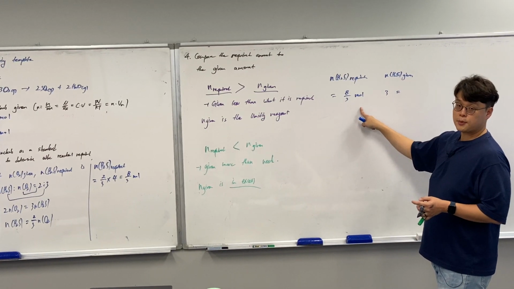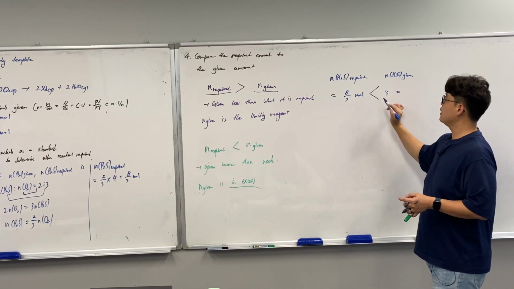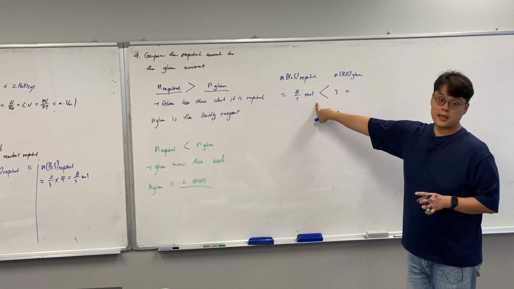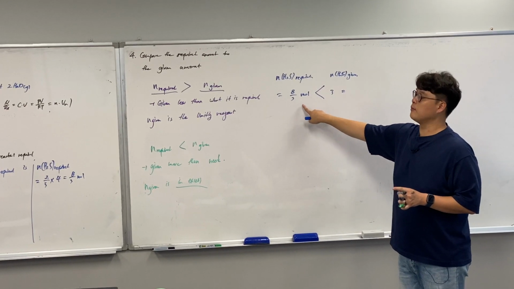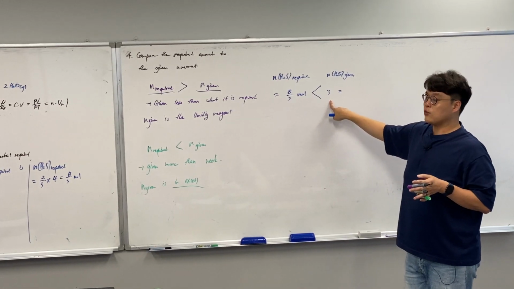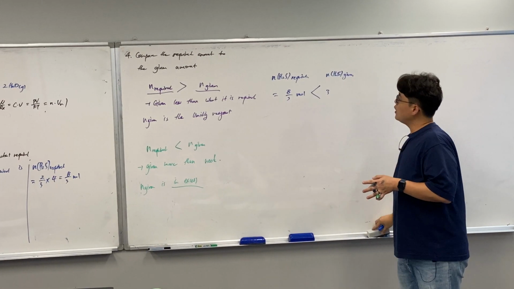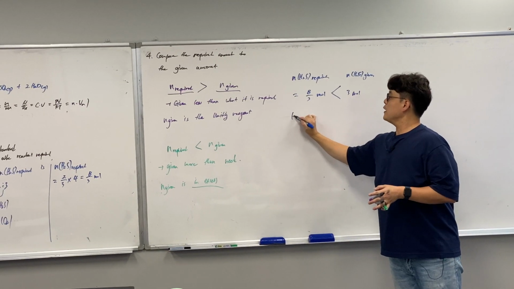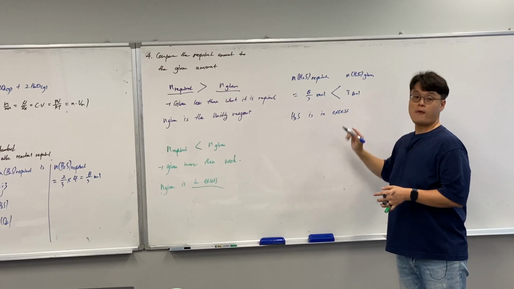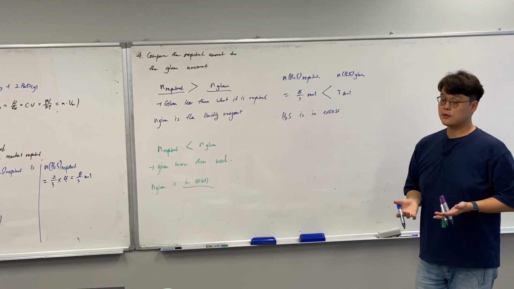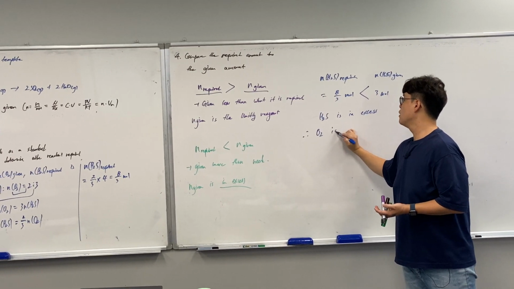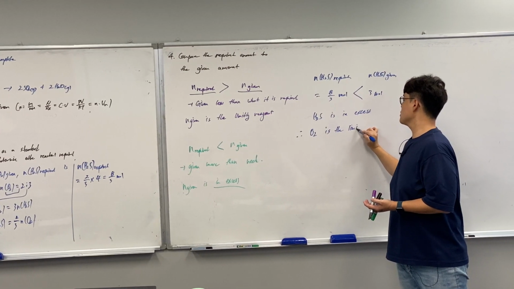Comparing these two, which is bigger and which is smaller? In this case, you have less than what you need, so you're given more than what you need. This means the H2S is in excess. You get some leftover H2S. Therefore, your O2 is the limiting reagent.